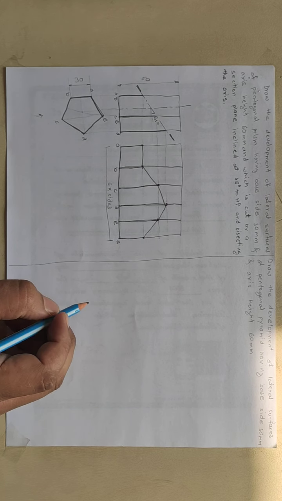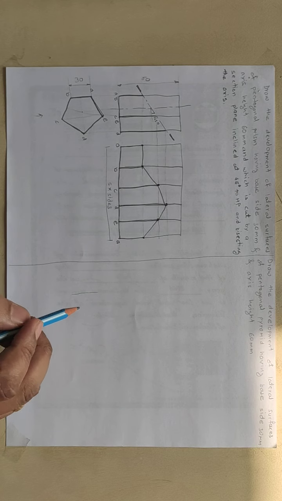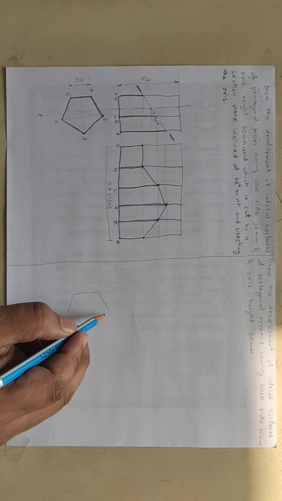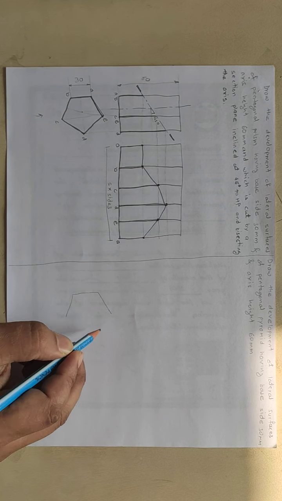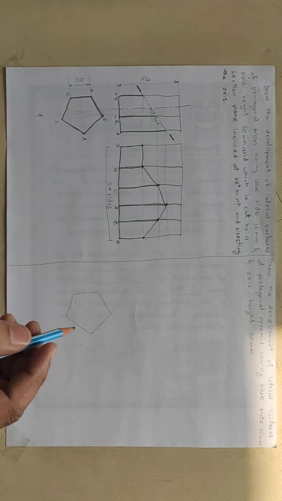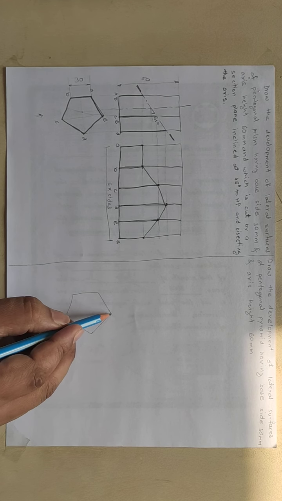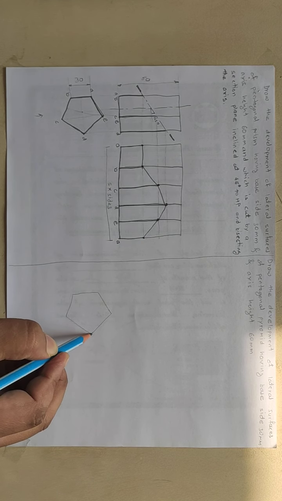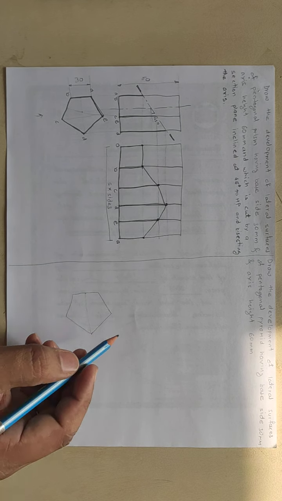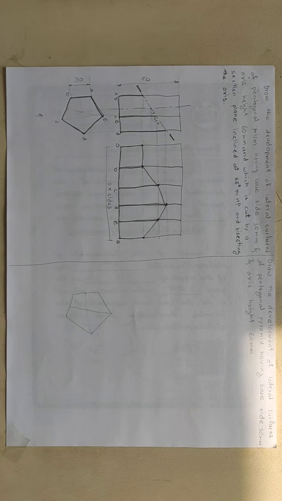Initially, we are going to draw its base, which is of 30 mm. Now you are aware how we draw the pentagonal pyramid. For denoting the axis, we join this intersection point with the midpoint of this side.